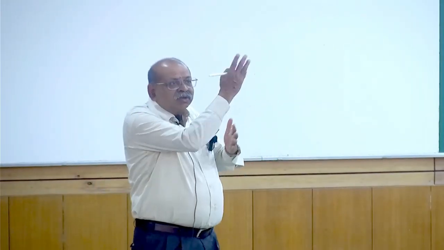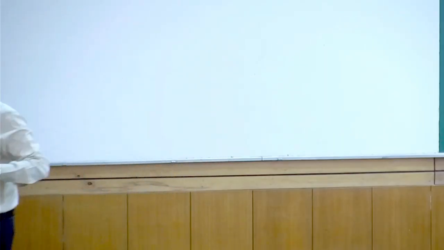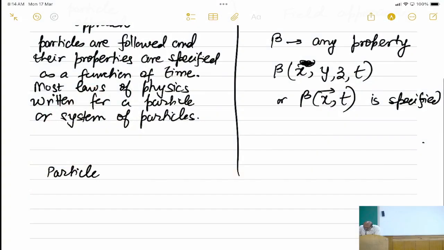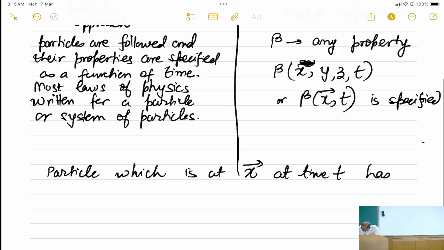That is how the two approaches are related. So the particle which is at x at time t has the property beta.